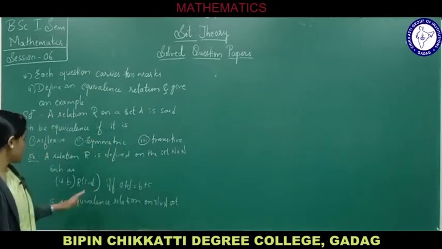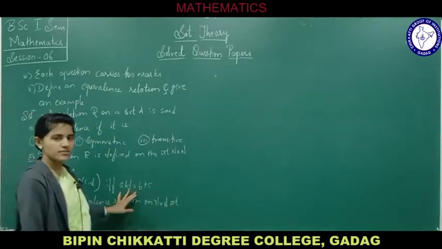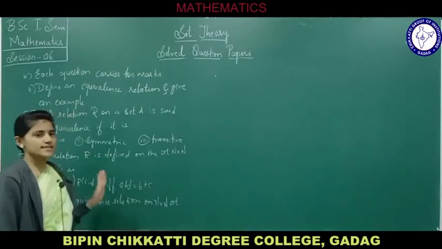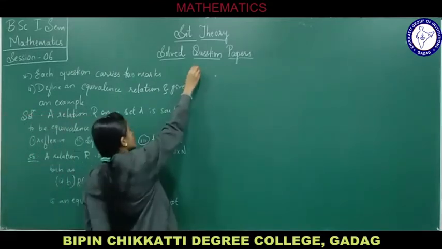It is defined in such a way that A plus D equals B plus C. Then it is an equivalence relation.